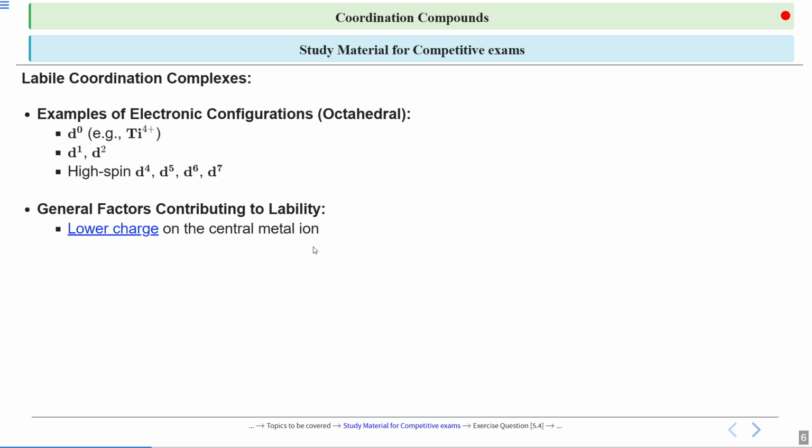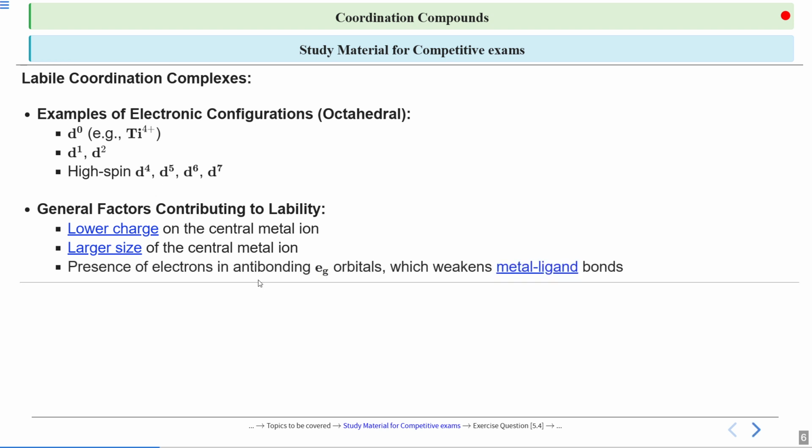So this is a factor contributing towards the lability of coordination complexes. Similarly, a larger size of the central metal ion. As the size of the central metal ion present in the complex is larger, the lability will be larger, and the reactivity of the coordination complex will be larger.